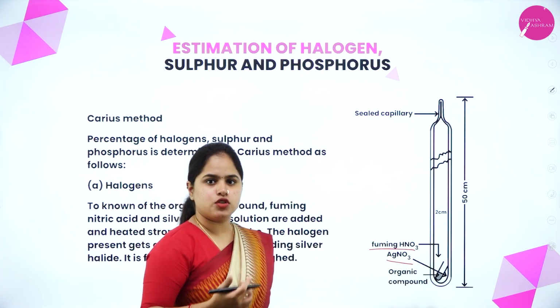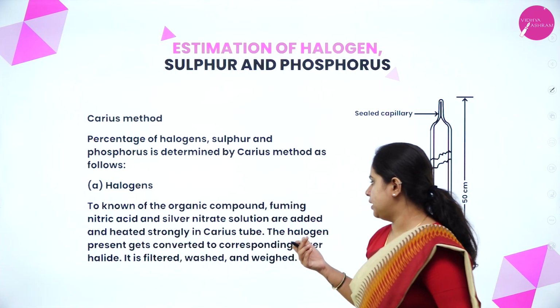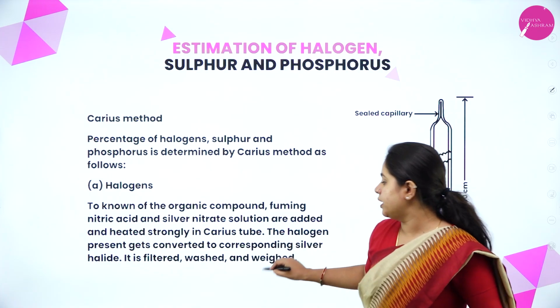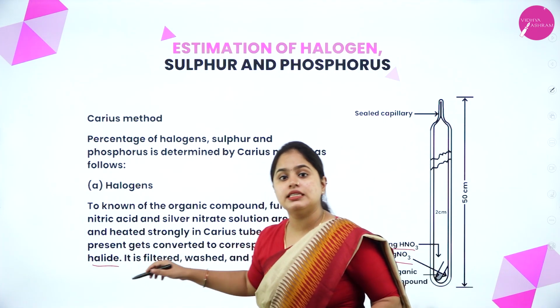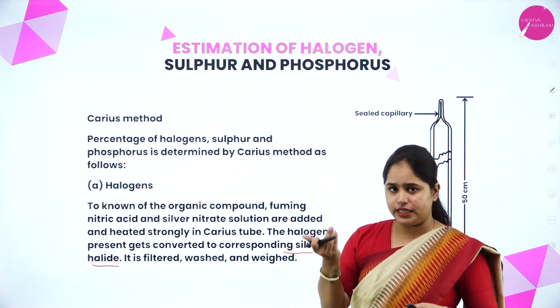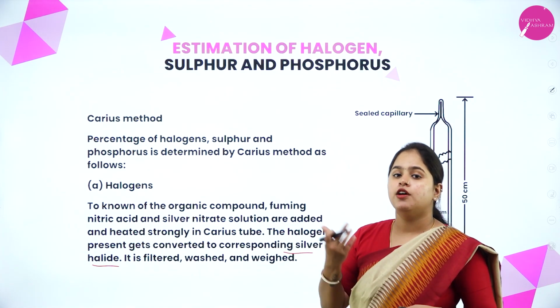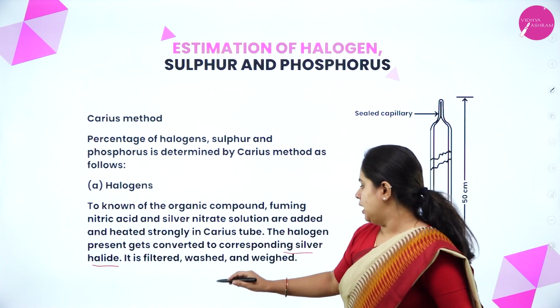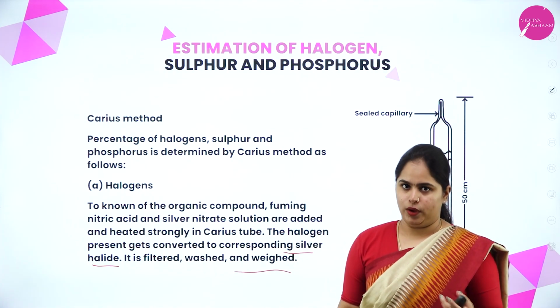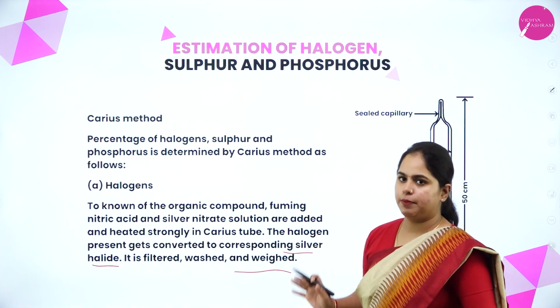So this is the first step. What is happening here? The halogen present gets converted into the corresponding silver halide and it is then filtered. The silver halide that you are obtaining is then washed, cooled, dried and then weighed.